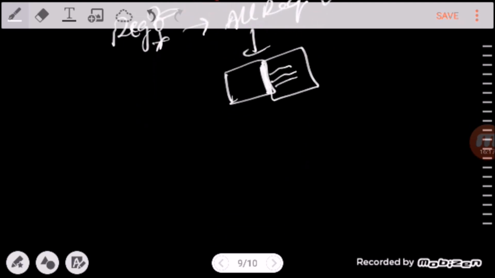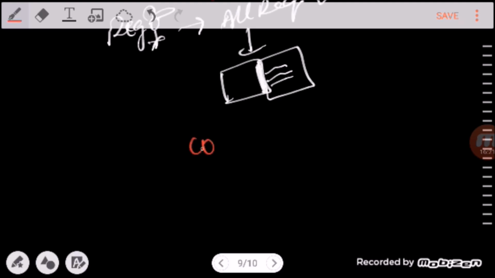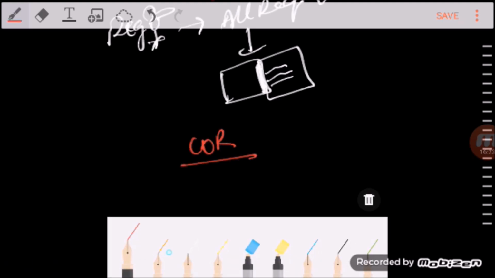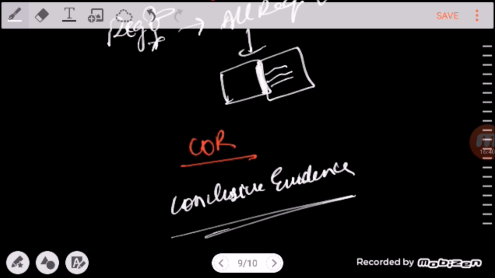Then the next step is the certificate of registration. The registrar shall issue a certificate of registration in the prescribed form, which shall be the conclusive evidence that the trade union has been duly registered under this act.